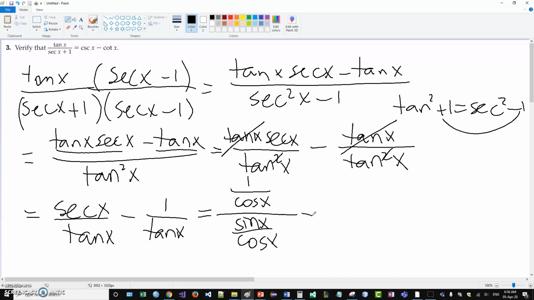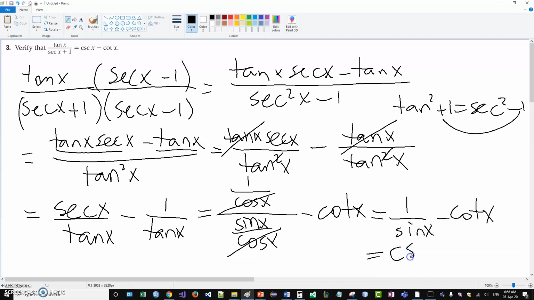Minus 1 over tangent is cotangent x. This goes out with this. So 1 over sine x minus cotangent x. 1 over sine is actually cosecant x minus cotangent x, which is the right side of the equation.